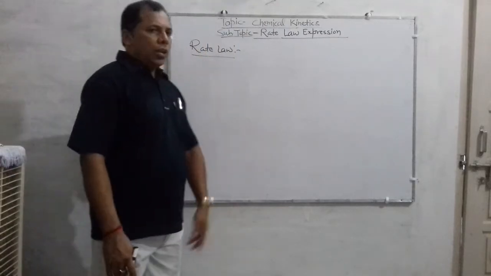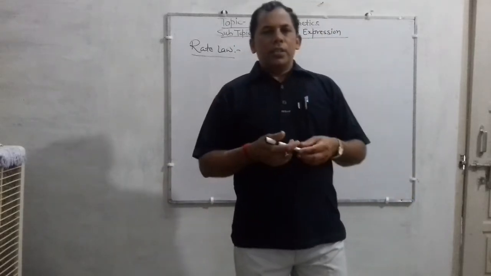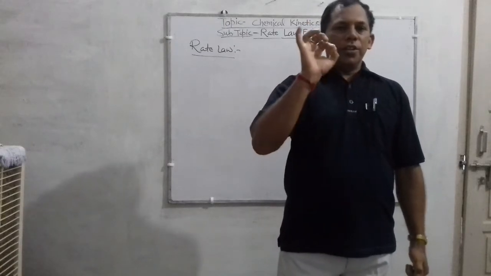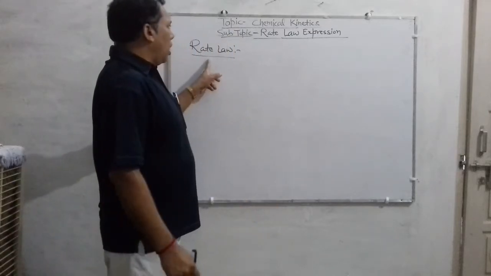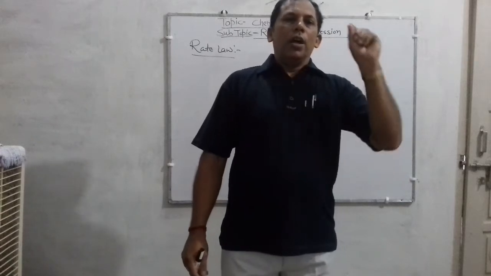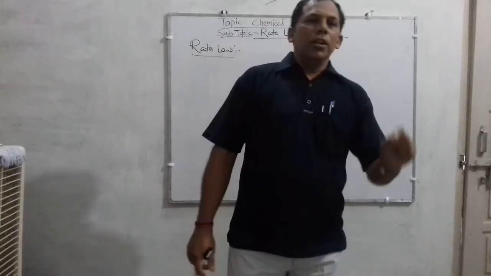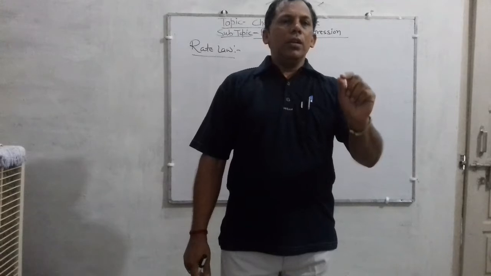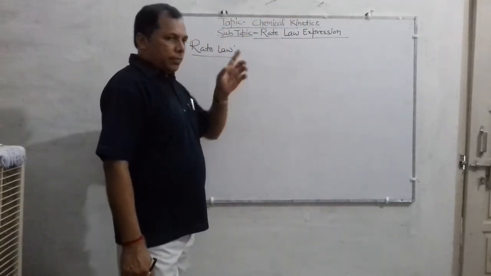So what is the rate law? Generally, children, rate law expresses the relationship between rate of reaction and the concentration of the reactants. And rate law or rate equation can more simply be defined as: the representation of rate of reaction in terms of concentration of the reactants is called rate law, also known as rate equation.